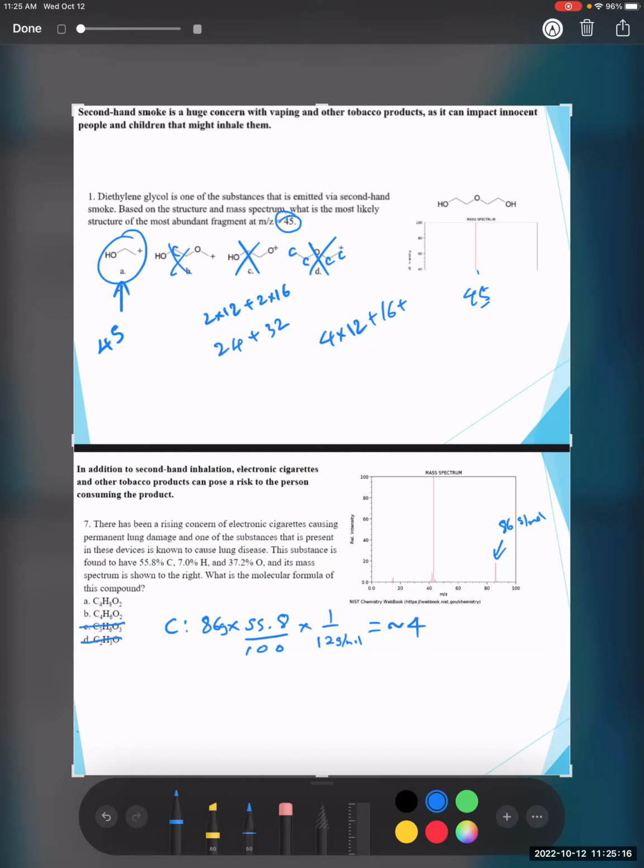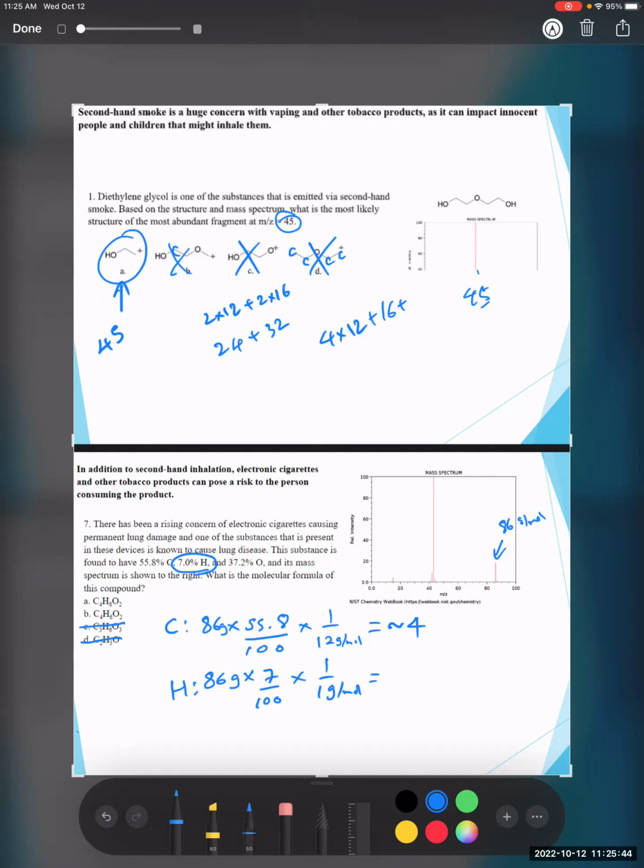And then we just need to do hydrogen now. If we do hydrogen the same way, we see that hydrogen percentage is 7%. That means 86 is the entire mass of 1 mole of compound, and then 7% of that mass is the mass of hydrogen, and divide that by the molar mass of hydrogen, which is 1 gram per mole. You're going to get the number of moles of hydrogen.